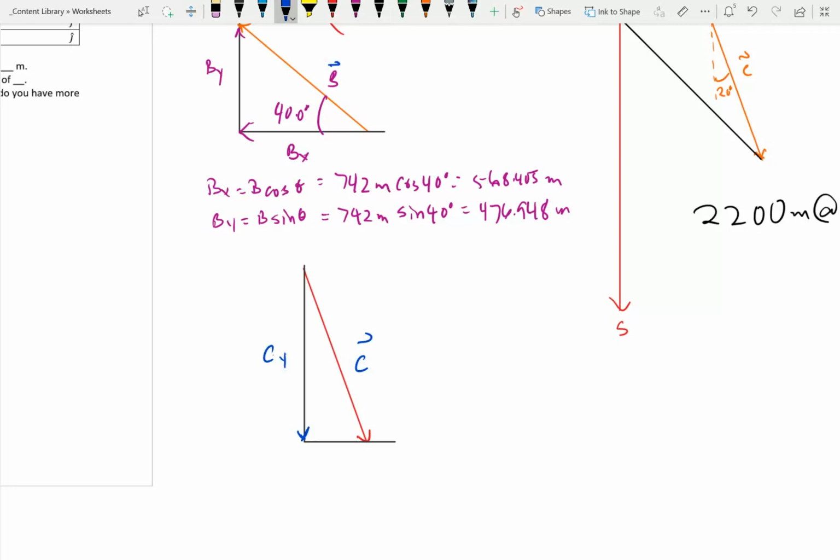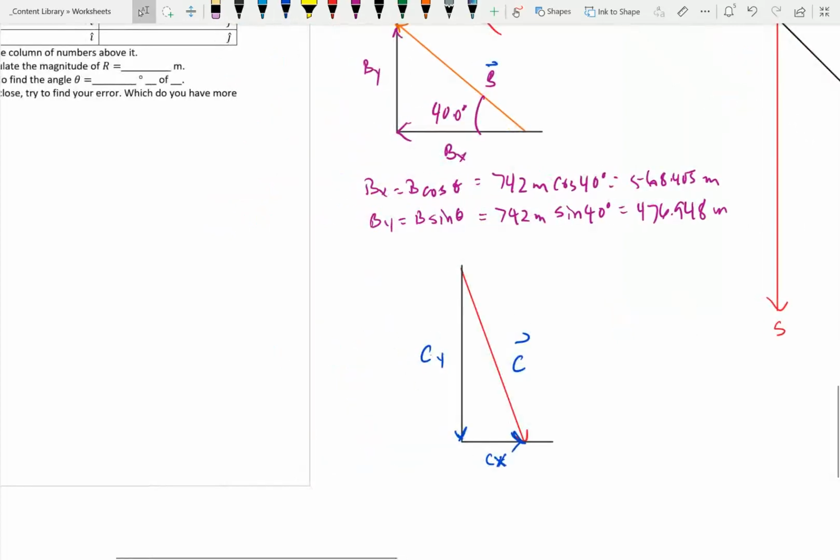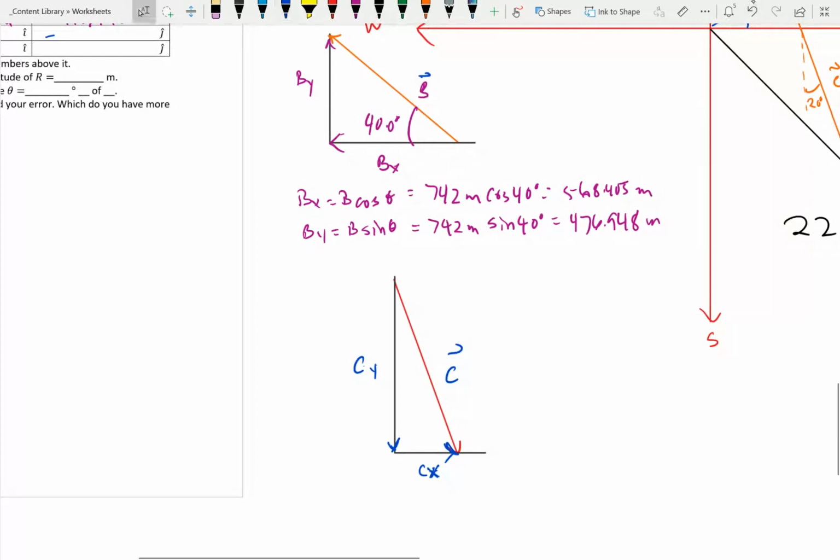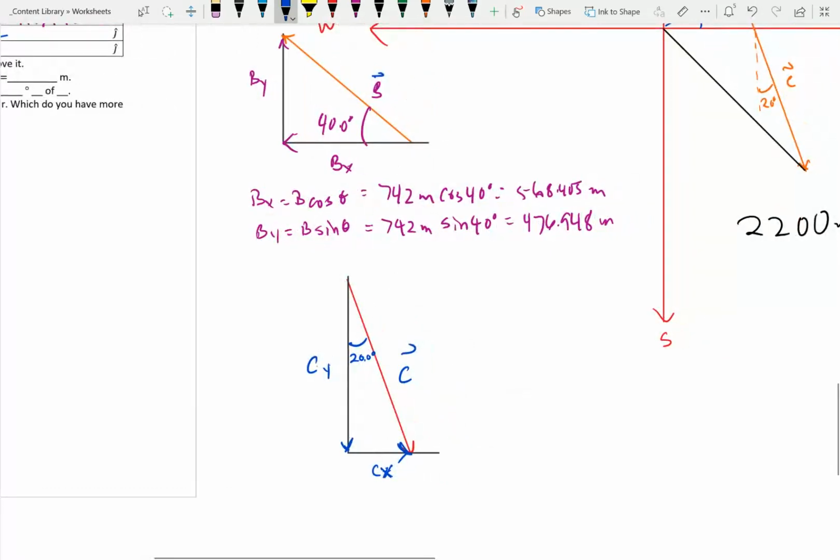Here's Cy. There's Cx. So Cx is to the right, that's positive. Cy is down, that's negative. So I can throw the negative sign in for Cy right now. The angle that we were given was this angle here, 20.0 degrees. So now Cx is the opposite side.